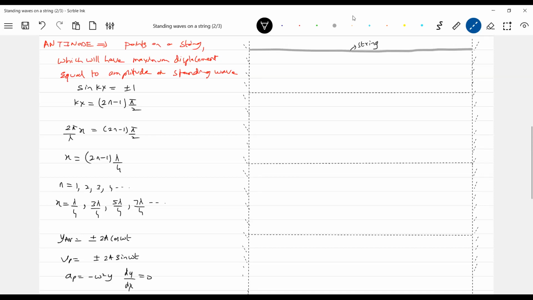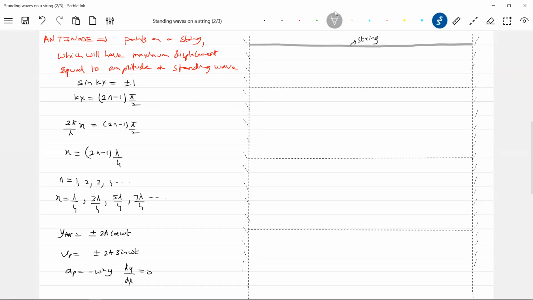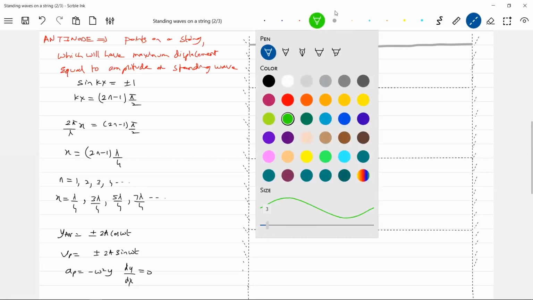I started from the first diagram. Let me have some more reference lines. It'll be easy for me.